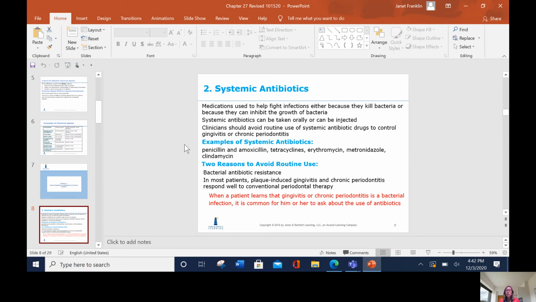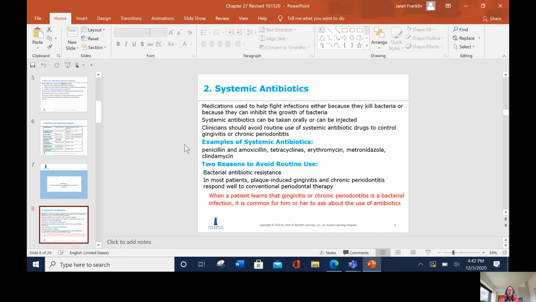Clinicians should avoid routine use of systemic antibiotic drugs to control gingivitis or chronic periodontitis. Why should they avoid the use? Because the antibiotics are also killing other bacteria within the body, and so they can cause a lot of gastrointestinal upset when they continuously kill the good bacteria in other parts of the body.